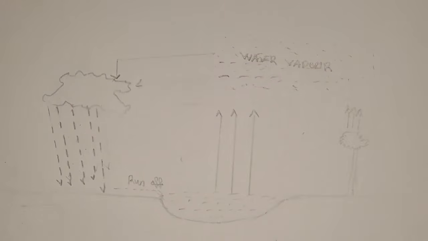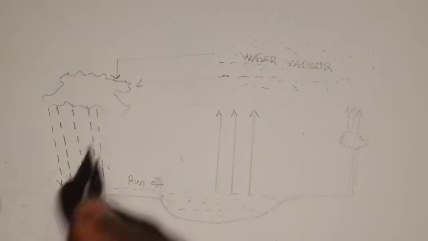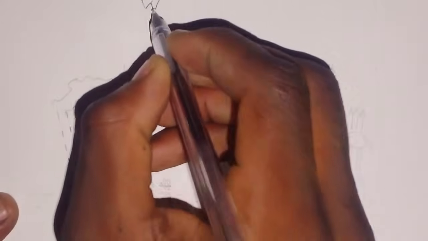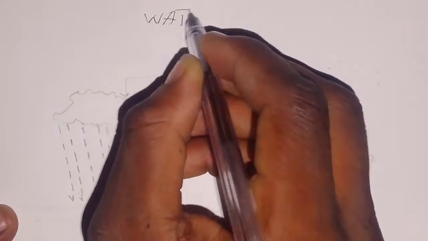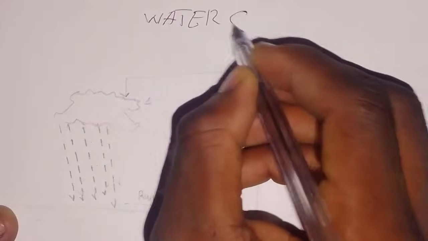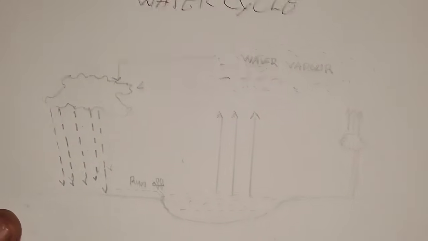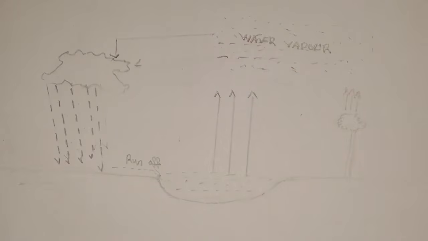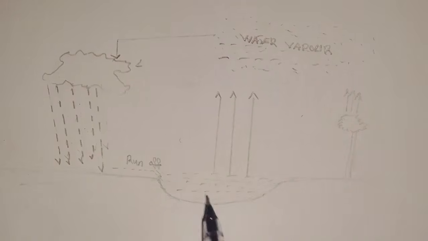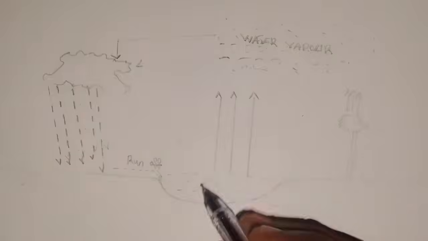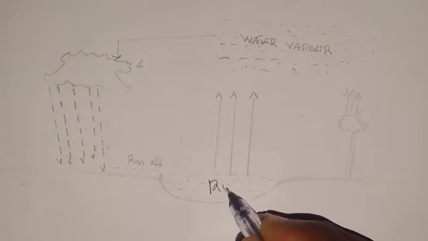This is a simple image of a water cycle. So this is what happens during the formation of water. Okay, so we've got this. This is a water body. We can name it as a river. So we've got the river.